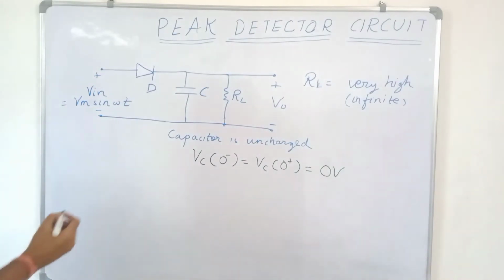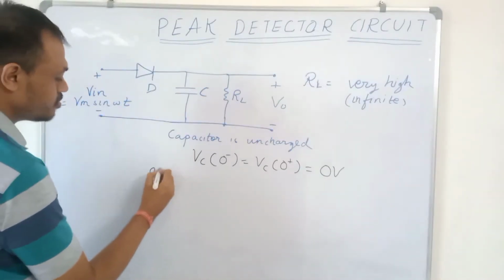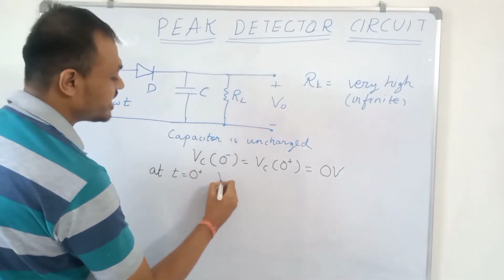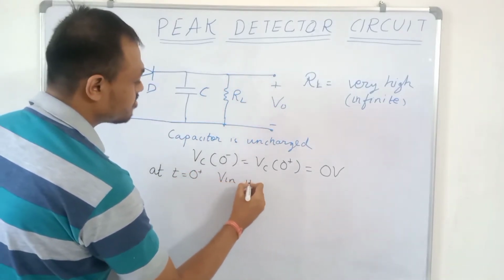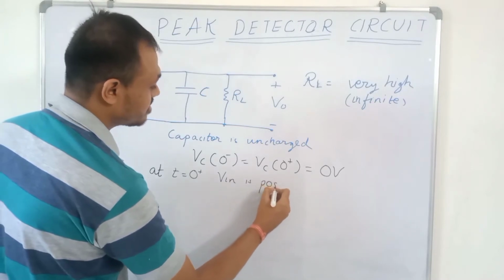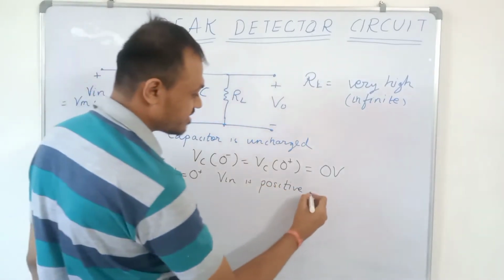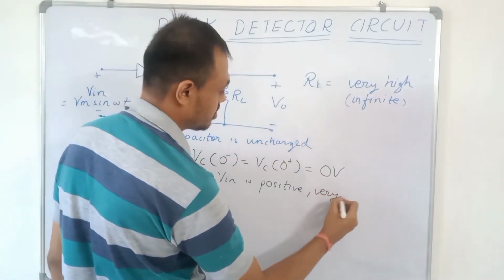So at t equal to 0 plus, Vin is positive but a very small quantity, a very small value.